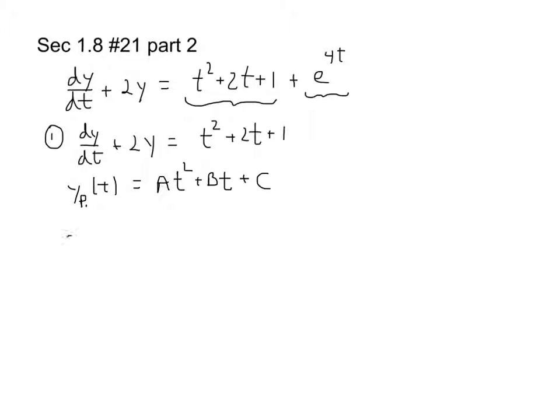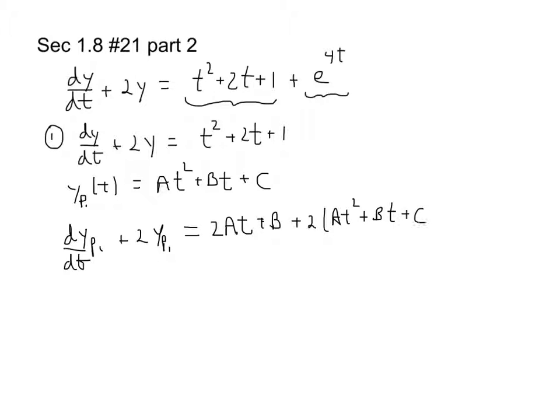When we take the derivative of y sub p1 and add that to twice y sub p1, we get 2a t plus b, plus 2 times (a t squared plus b t plus c). And that's supposed to equal t squared plus 2t plus 1.